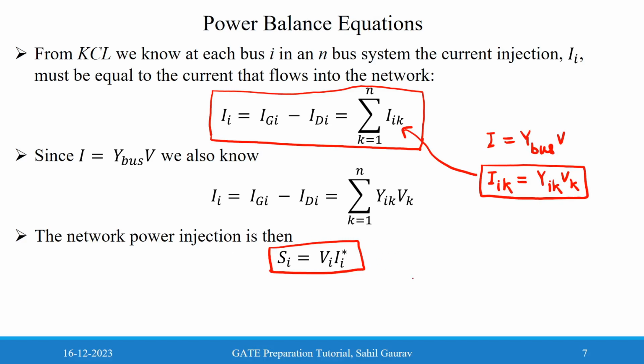Since the current injection at a bus I is given as the summation for K is equal to 1 to N of Y_ik V_k, the conjugate of that will be the summation for K is equal to 1 to N of Y_ik conjugate V_k conjugate.